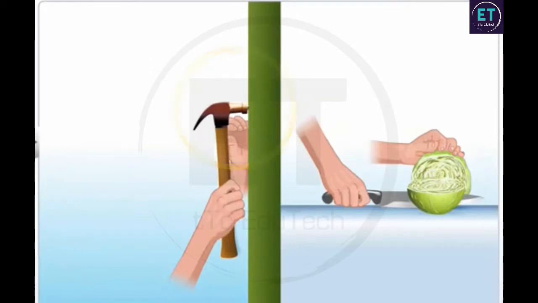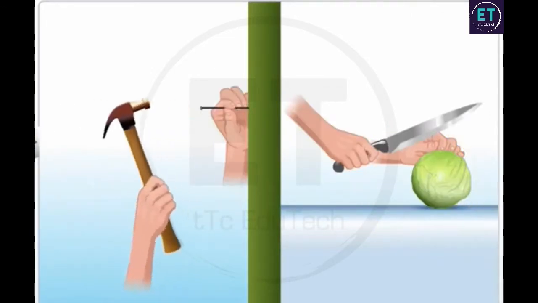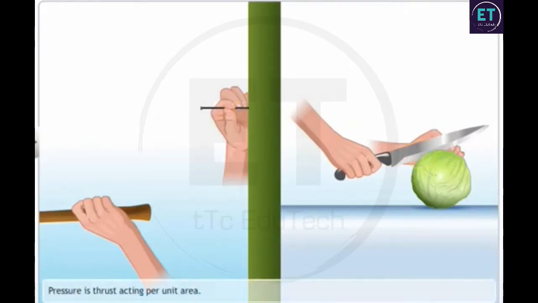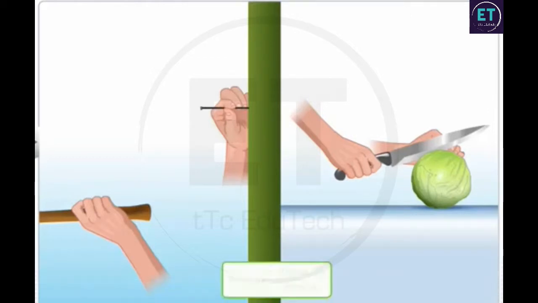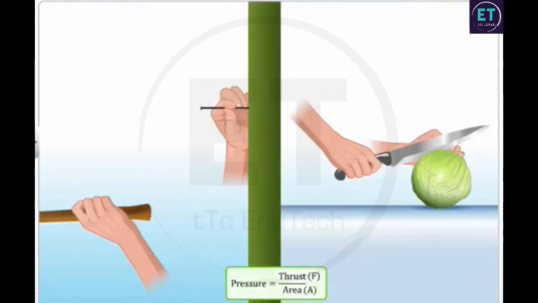The force you apply in driving a nail or chopping vegetables is translated into pressure, depending upon the surface area of the object on which the force is applied. In other words, pressure is the amount of thrust acting on a unit area. Pressure is denoted by the letter P. Hence, pressure is calculated by dividing thrust by area.